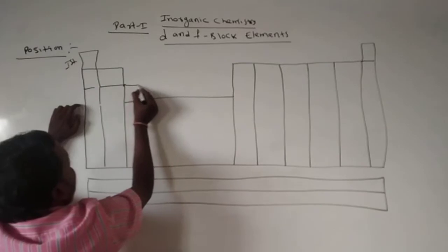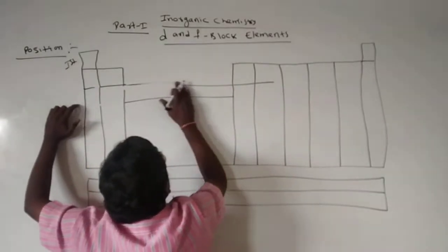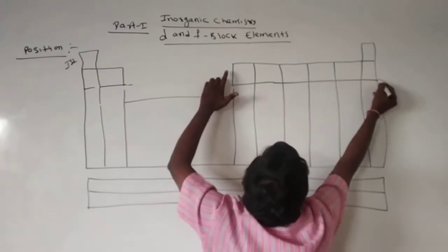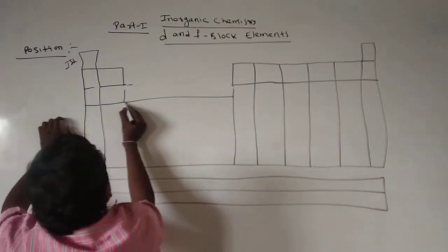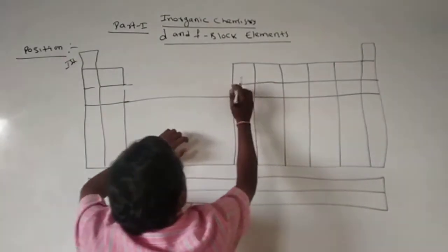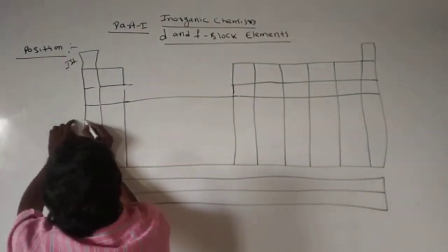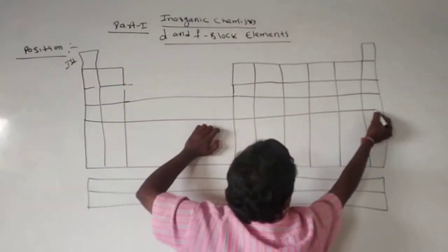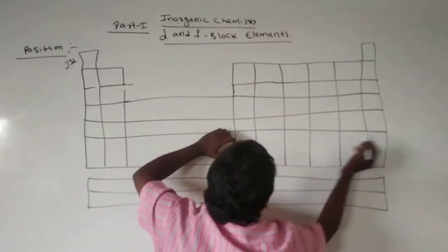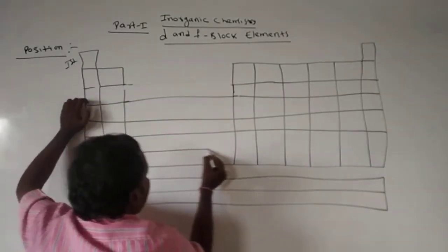This is the second period, and this is the third period. These are the fourth period elements, fifth period elements, sixth period elements and seventh period elements.